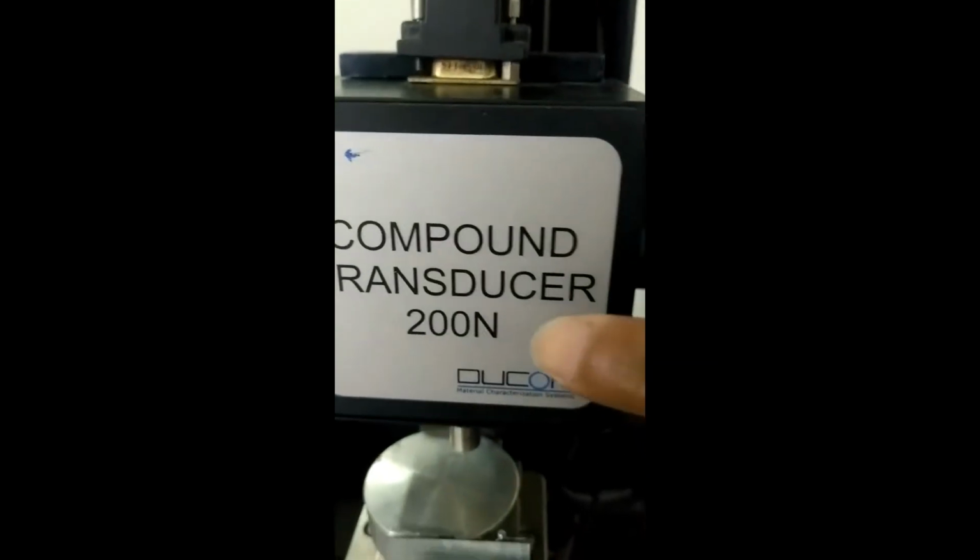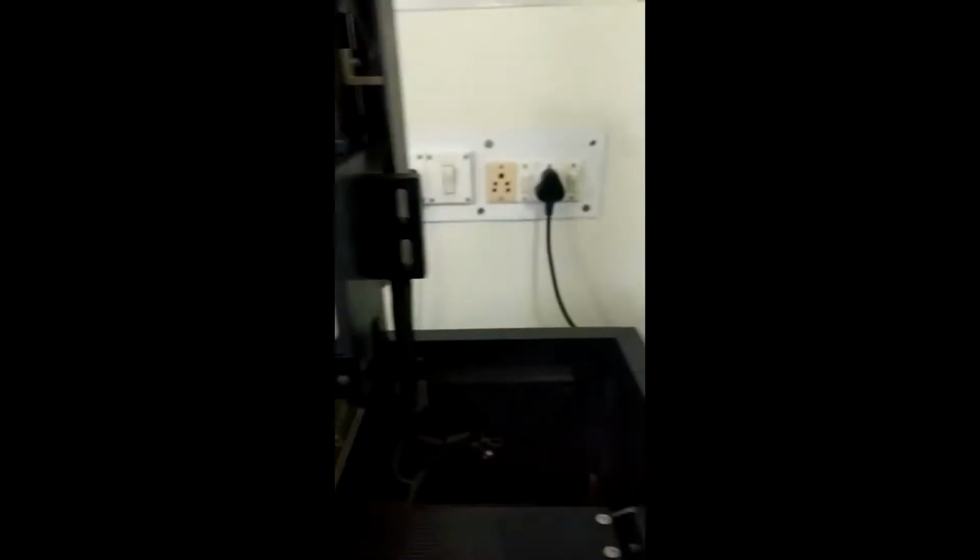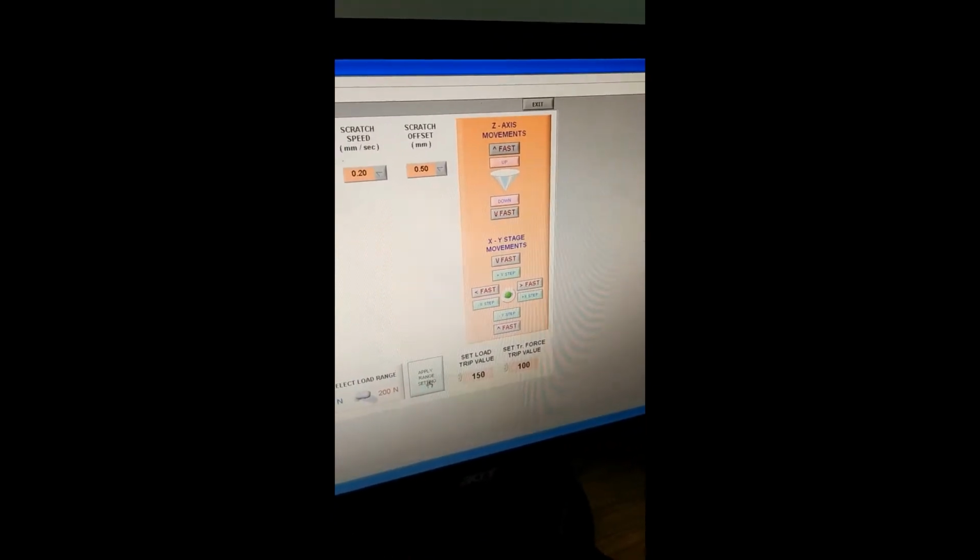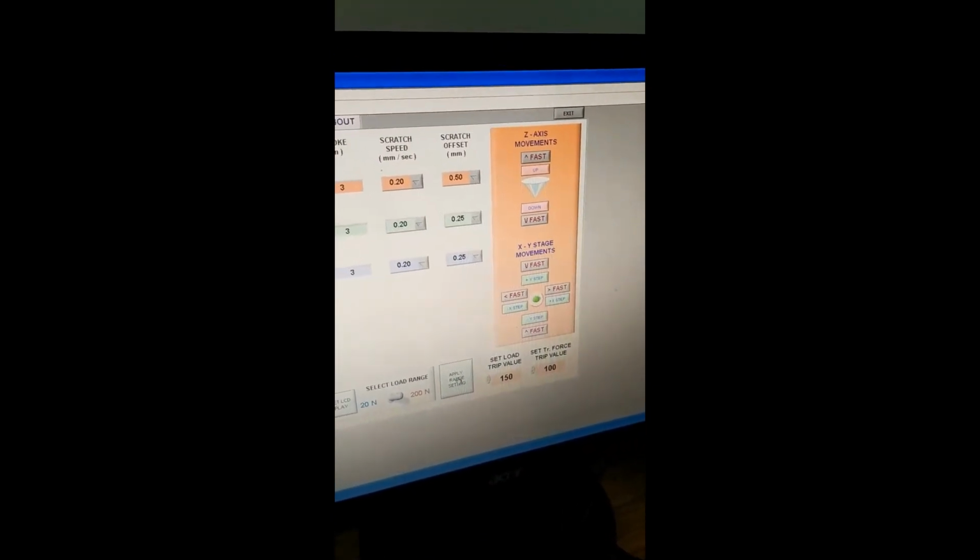Suppose we are looking for making 3 scratch marks, so let it be 3. Now we have to select the load range. We have turned it to 200 Newton because we have used a transducer of capacity 200 Newton. Now we have to press this apply range setting button.